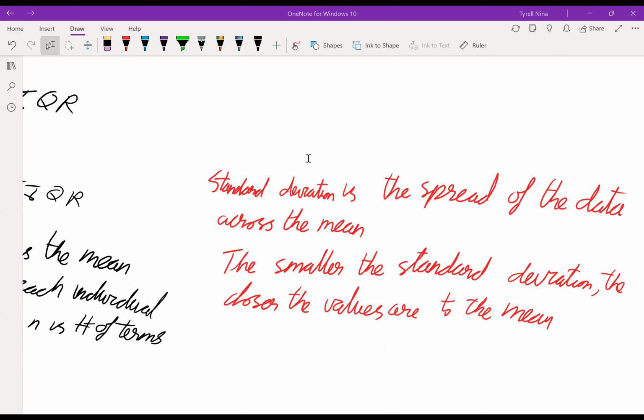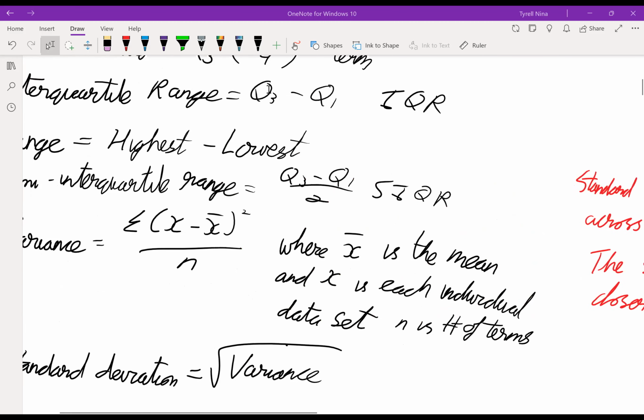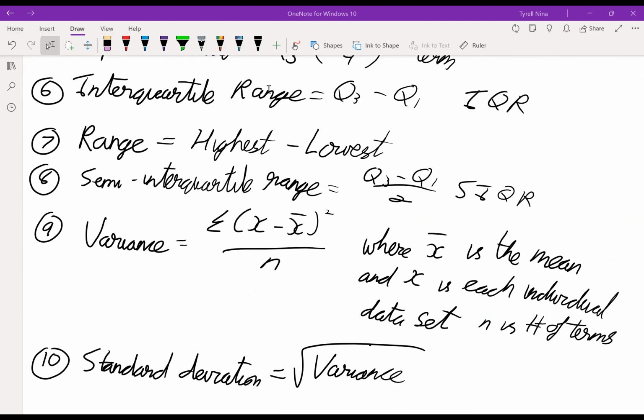Yeah, going back to the formulas now. So the example for standard deviation is, if I get a standard deviation of 3, that means my data is very close to the mean, as opposed to if my standard deviation is 20, then it's far apart from the mean.